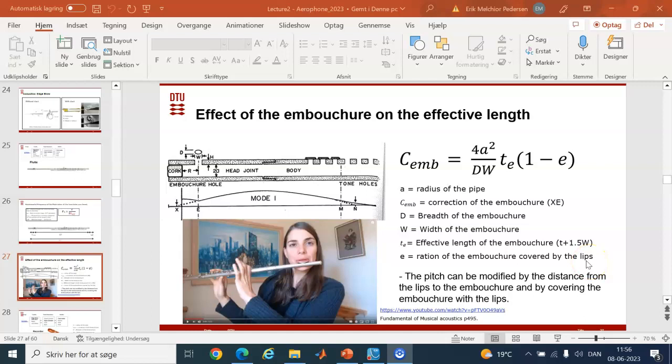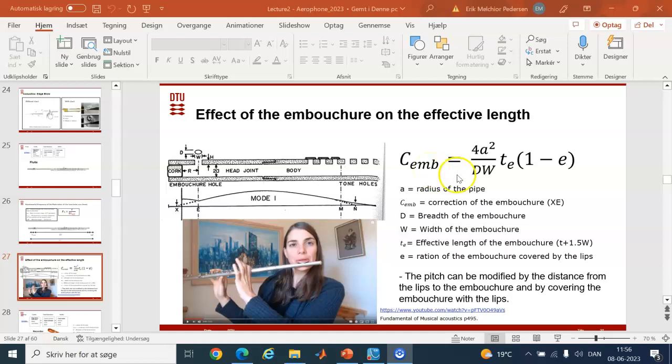Okay, e. If e is greater, the ratio is growing. It's between 0 and 1, I think. If it's growing, then this parenthesis is small, and the C_emb will be smaller.